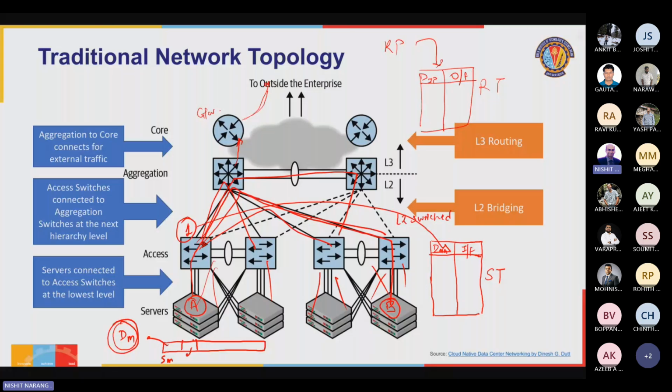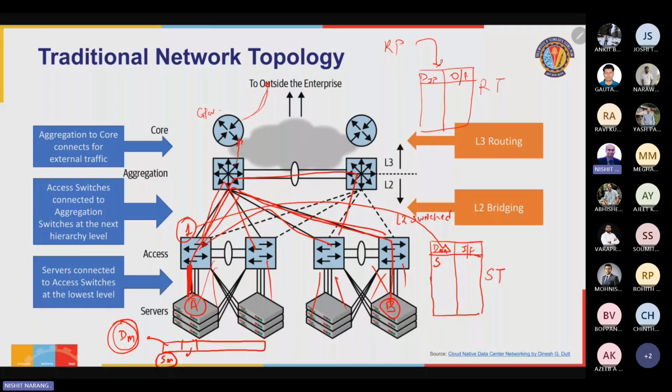What does it learn? It learns that the source node SM is reachable via the interface through which this broadcast packet arrived at the switch. Let's say this is the interface using which the packet reaches the access switch. What is the access switch going to make an entry of?